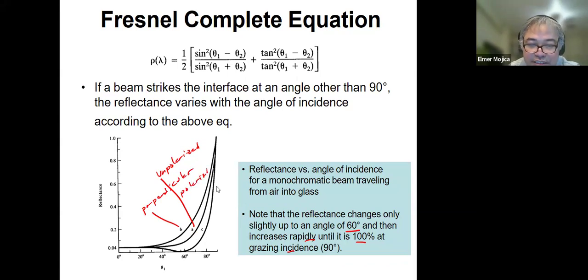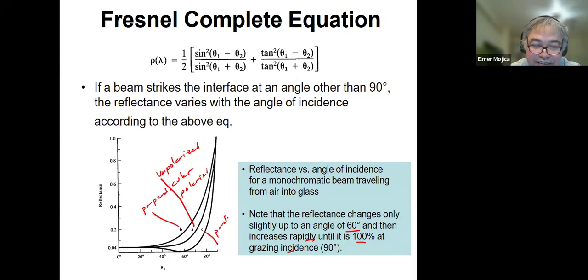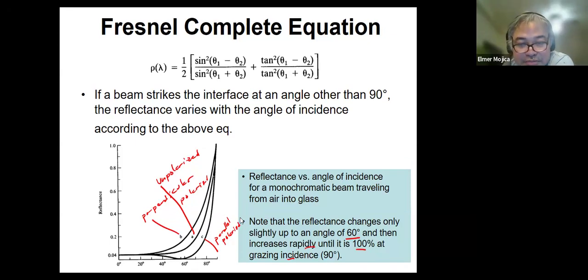And the C there, that is for, what do you think? Parallel polarized. So see the difference there in the reflectance versus the angle of incidence. Note that the reflectance of the perpendicular component always exceeds that of the parallel component.